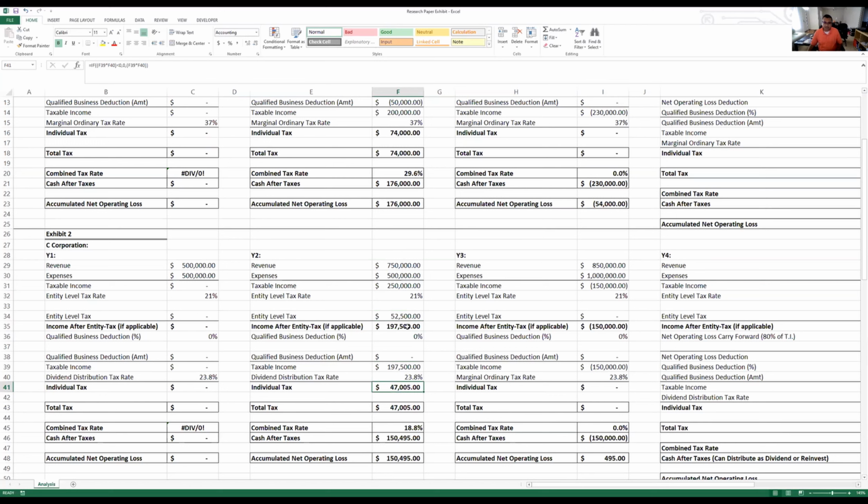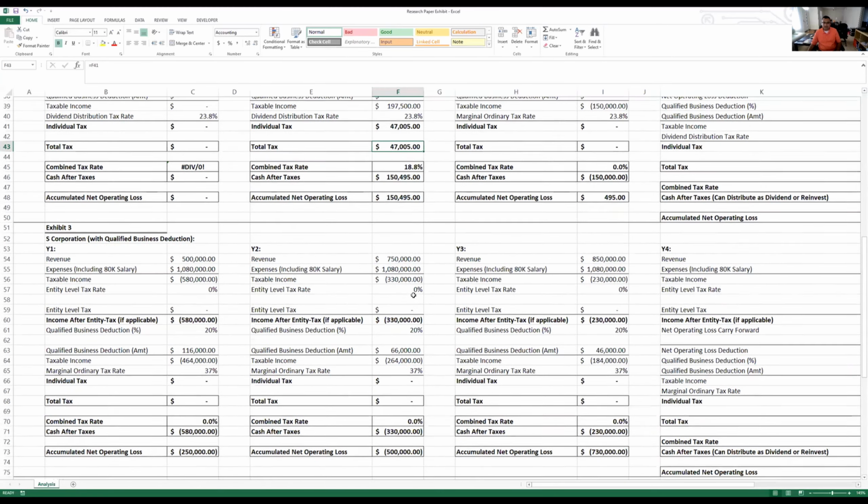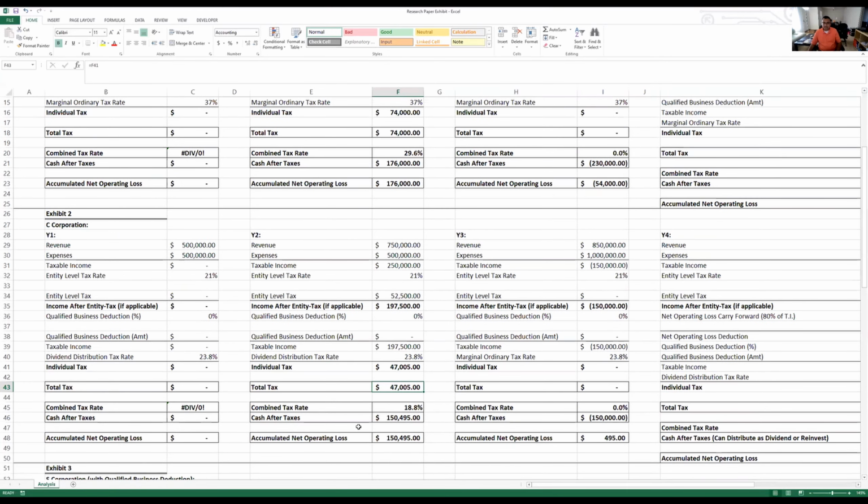So in addition to the entity level tax of $52,500, I also have to pay an individual tax of $47,005. So my total tax is actually more. With a partnership, my total tax is about $74,000, but with C corporation, it is about $100,000.